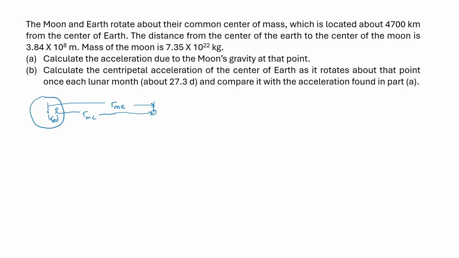Alright, what are we given? We are given the distance from the center of the Earth to the common center. That's equal to 4,700 kilometers. This will be 4.7 times 10 to the power of 6 meters, converting kilometers to meters.